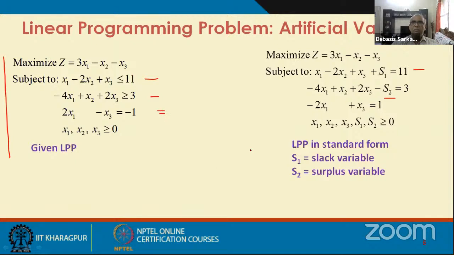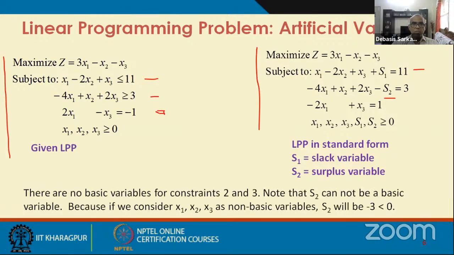But to convert it to standard form, you must multiply this constraint throughout by -1, so that the right hand side vector is positive. So this is the linear programming problem in standard form.